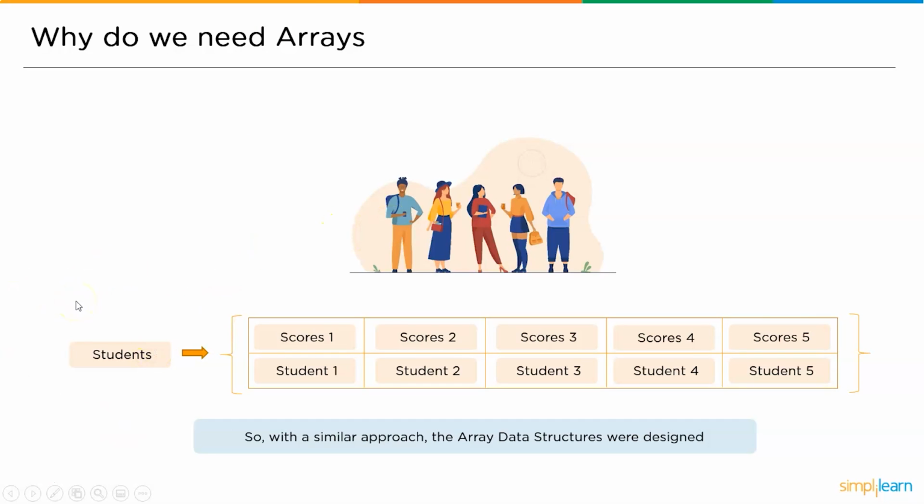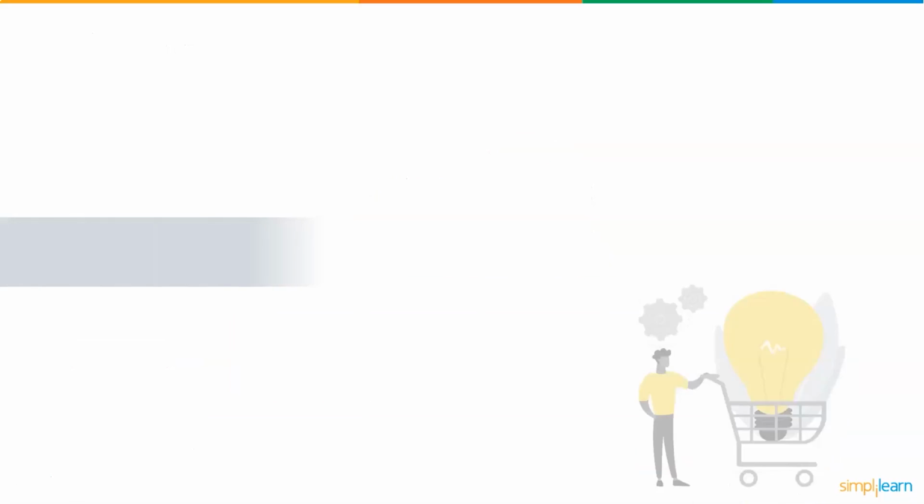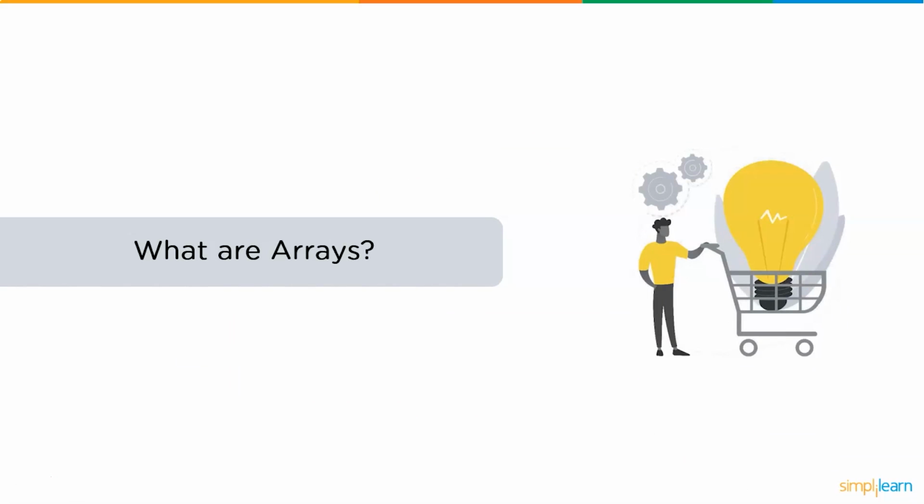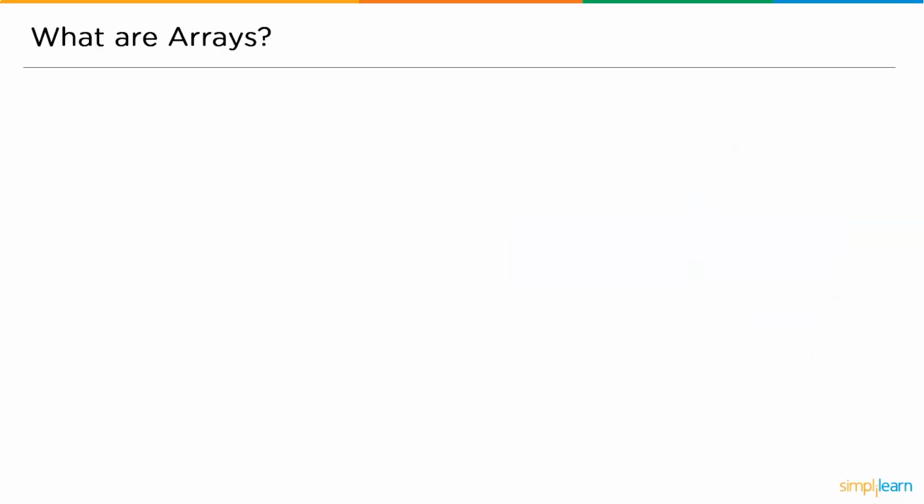And it will also help us to apply the operations which are logical or mathematical on all the variables and their values together as a whole. So that is the purpose why we had created arrays. That is the purpose why we needed arrays. So far we have understood what was the necessity for arrays. Now we will understand what exactly are arrays.